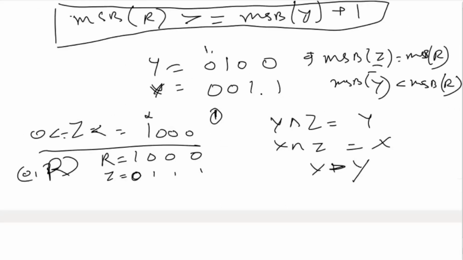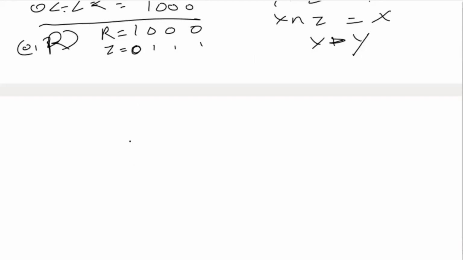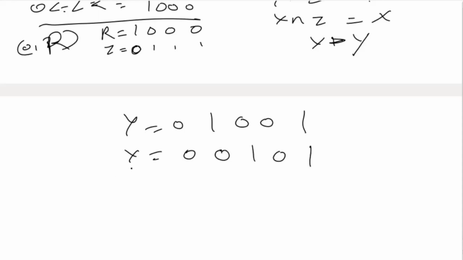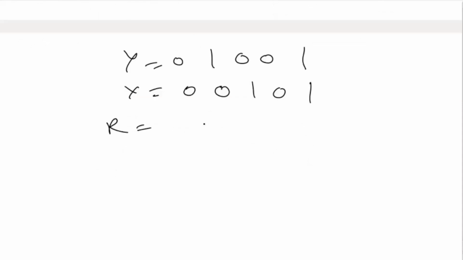But there can be another case like this, that is Y is 0 1 0 0 1, X is 0 1 0 1, and our R is, let's say, again 1 0 0 0. So now, as I've told you, there is no point in setting MSB of Z equal to MSB of R. Okay, so we'll set it to 0.